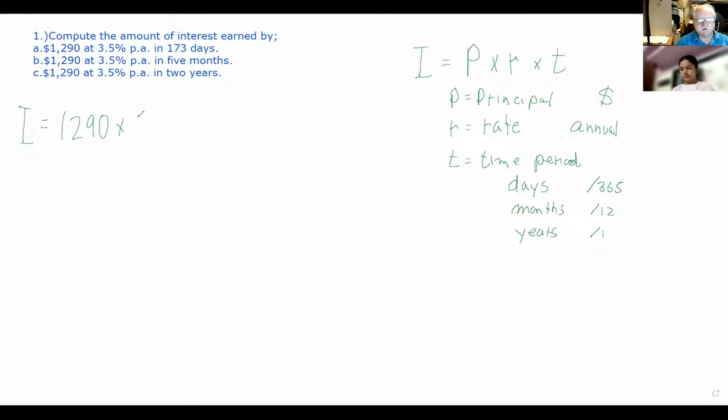So we could translate this into 0.035 because it's already annual. Per annum is annual. Times 173 over 365. So if you figured that out, put that answer in the chat box and we'll see if we agree on it.